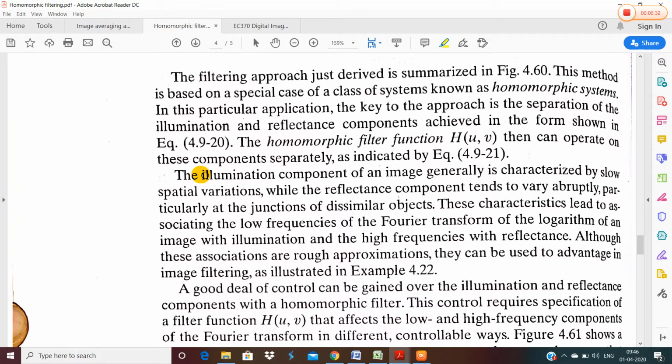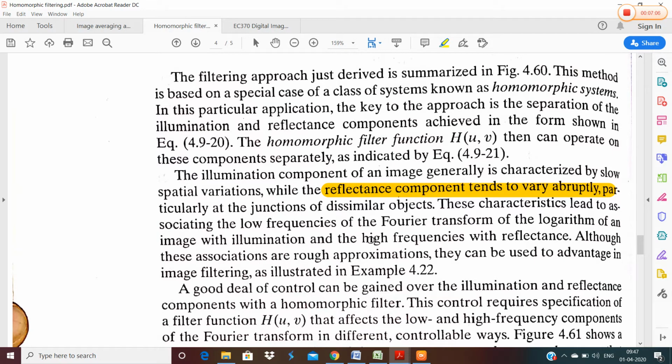So the illumination component of an image represents the slow spatial variations, which means that such components will be associated with the low frequencies present in the image. So if you take the Fourier transform of an image, the low frequency part represents the illumination component. And similarly, the reflectance component tends to vary abruptly.